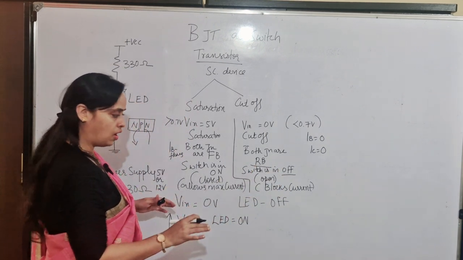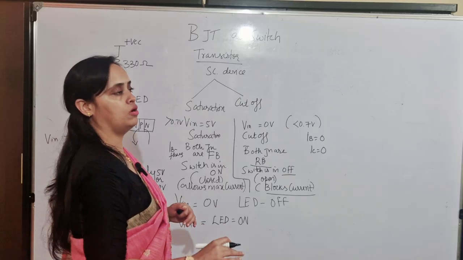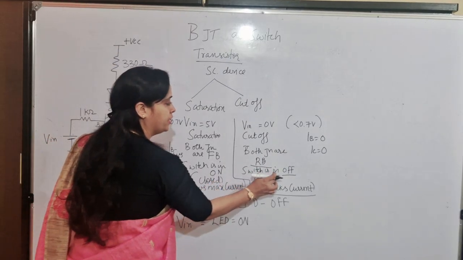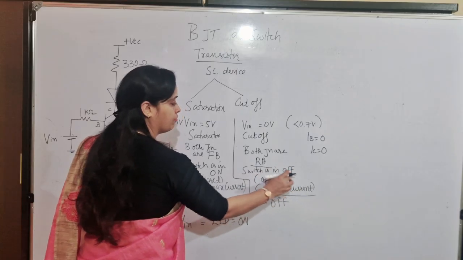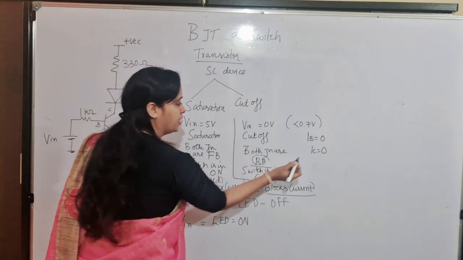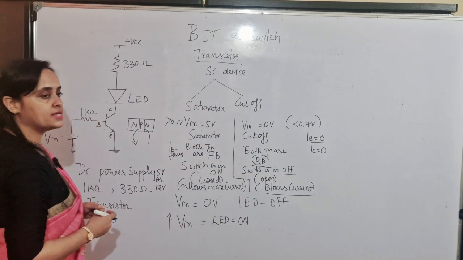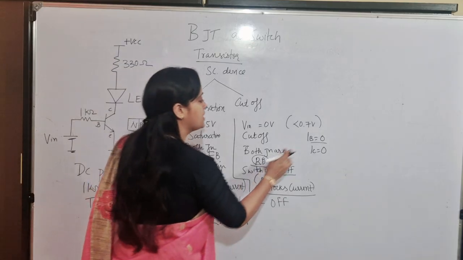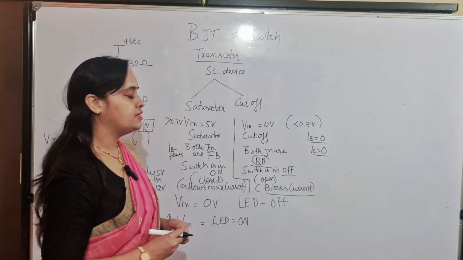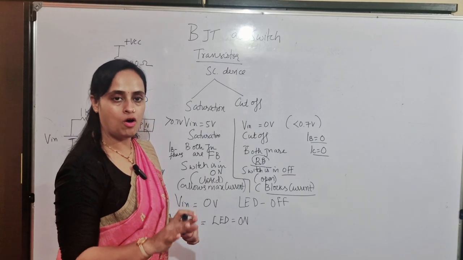Off state means current is blocked, there is no flow of current. What is the reason for this? When both the junctions are reverse biased, base current is 0. If base current is 0, obviously collector current is 0. Then the circuit is open, the switch is off.